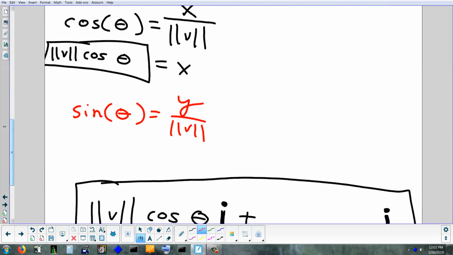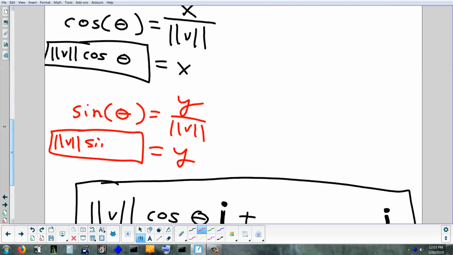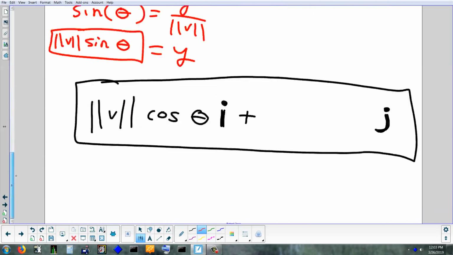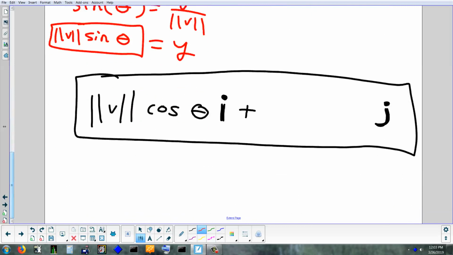So now we're going to do the same thing Jake told us last time. Just move the magnitude V to the other side. And that's going to give you the formula for the vertical, for the Y. So it's magnitude V sine theta. Now we can shorten that up a little if we want because we have the same thing written twice.